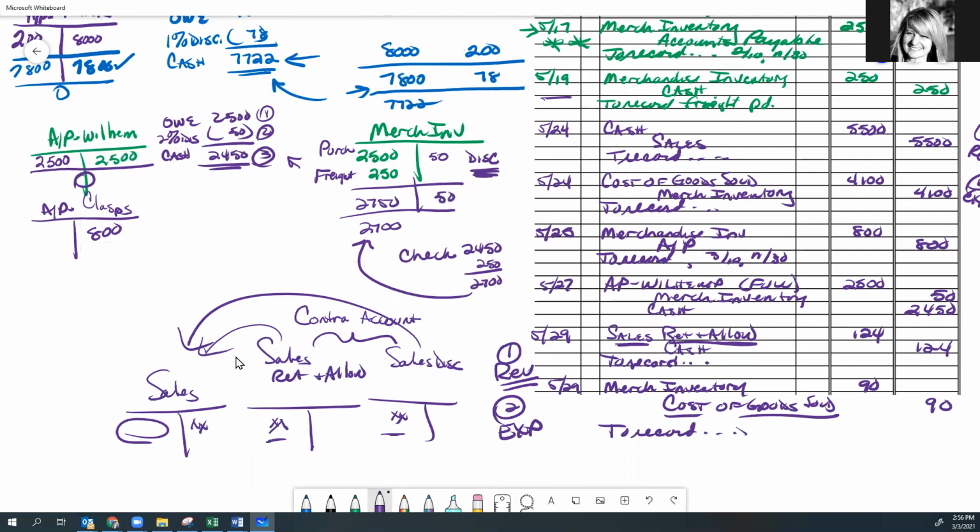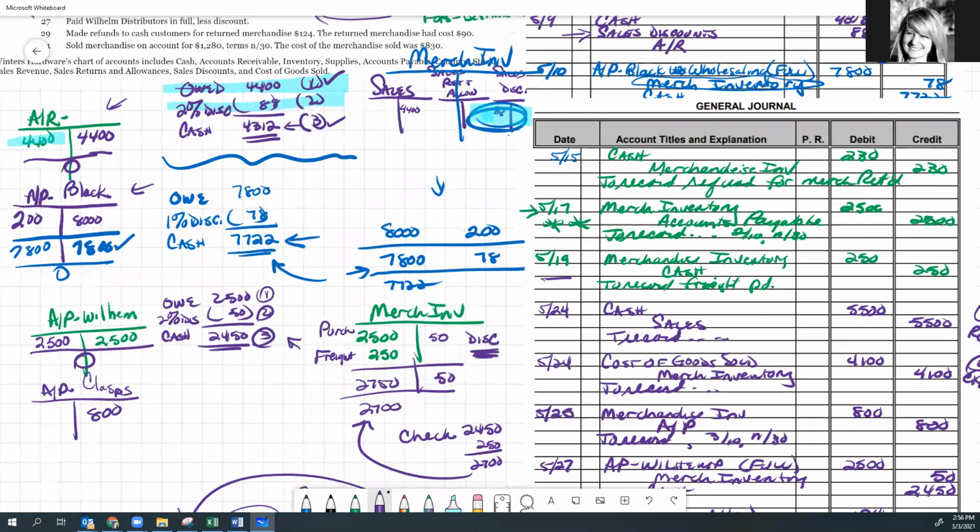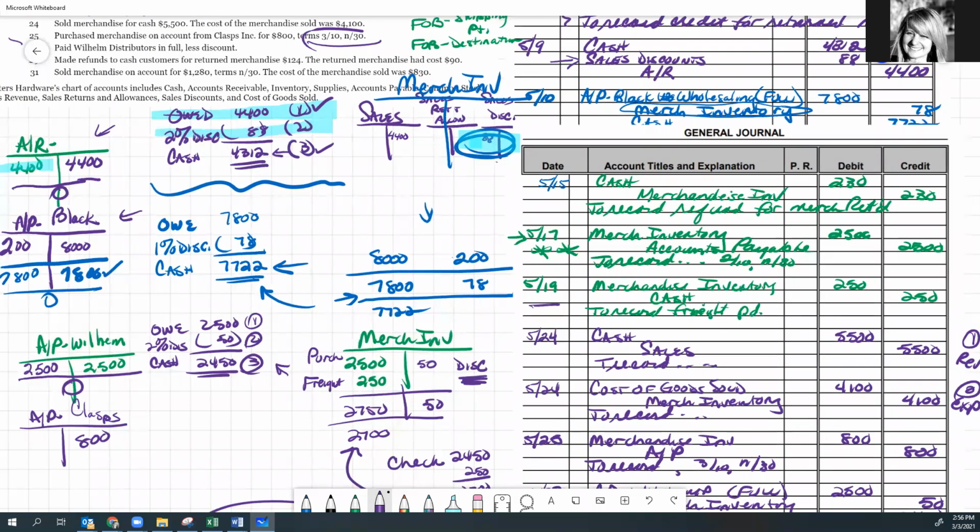Okay, we have one more transaction, and then I'm going to make up a transaction because it wasn't covered in this problem, but you really kind of need to know it. So on the 31st, we sold merchandise on account with terms net 30. If it's net 30, that means they don't get to take a discount. They have to pay the whole thing in 30 days. The cost of the merchandise was $830.